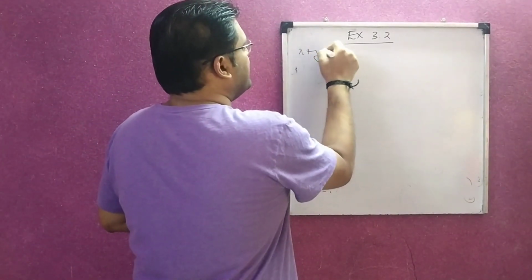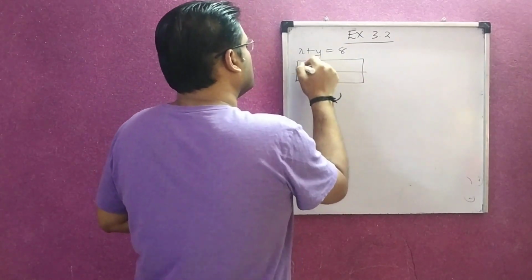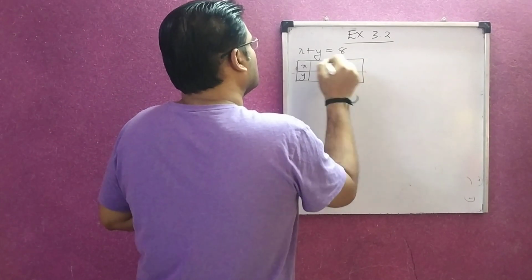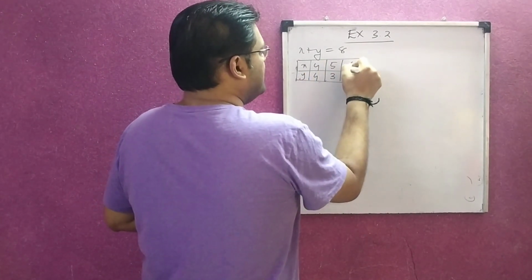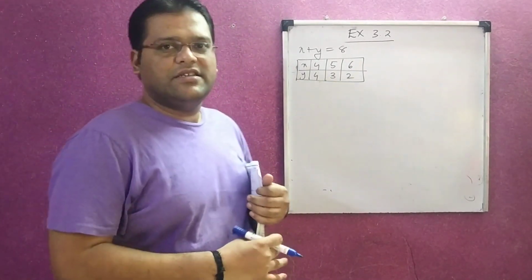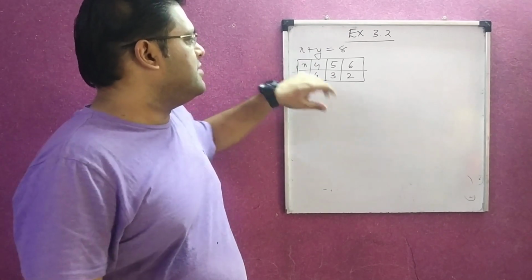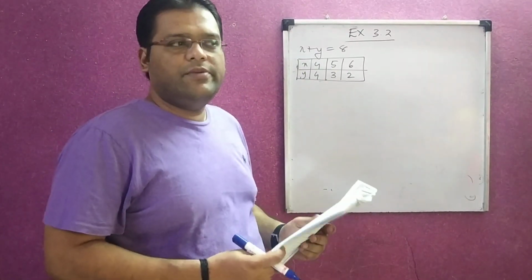First was x plus y equal to 8. So here we will have 4, 4, 5, 3, 6, 2. I am simply using very easy numbers to make the table, right? 4 plus 4 is 8, 5 plus 3 is 8, 6 plus 2 is also going to be 8.